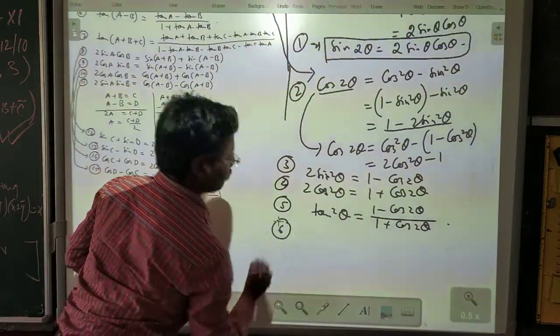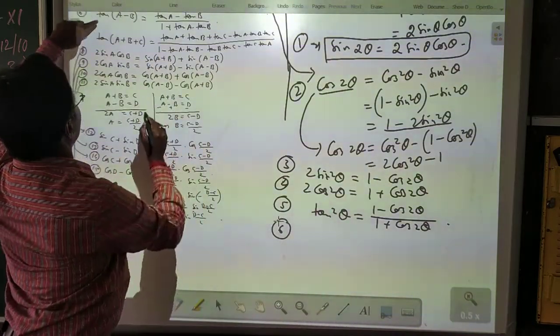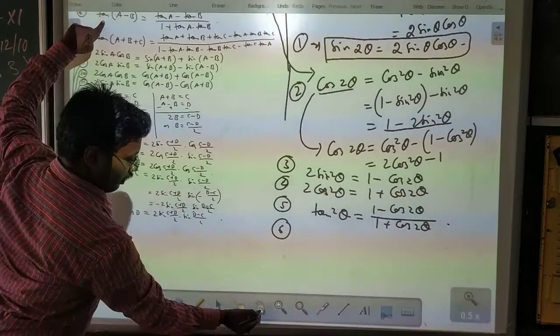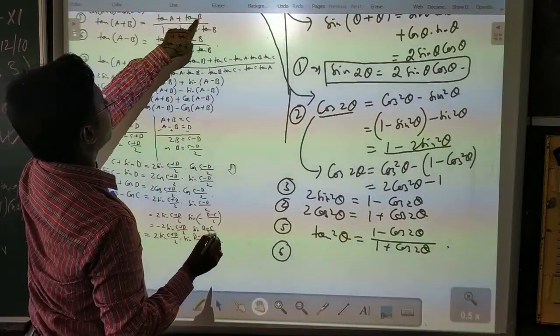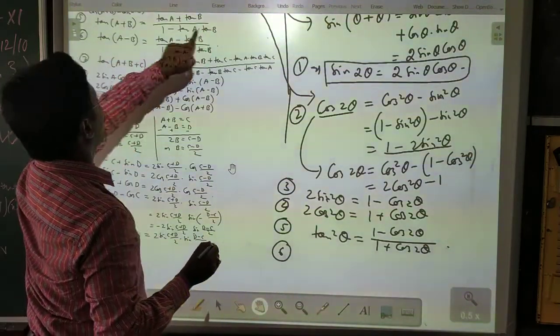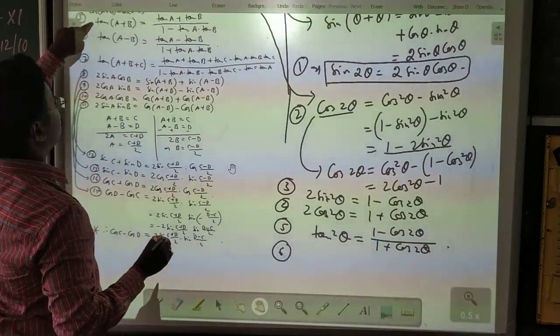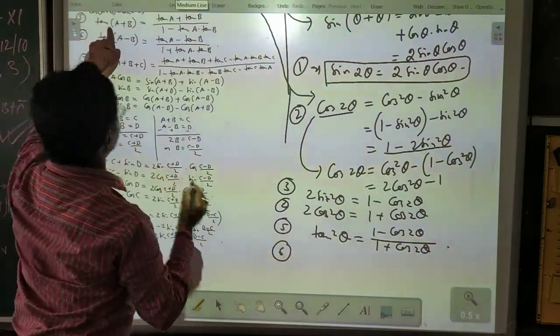Number 6, you know, there is a formula given for tan A plus B. The formula of tan A plus B is tan A plus tan B upon 1 minus tan A into tan B. So based on this formula, in multiple angle we can get one more formula.